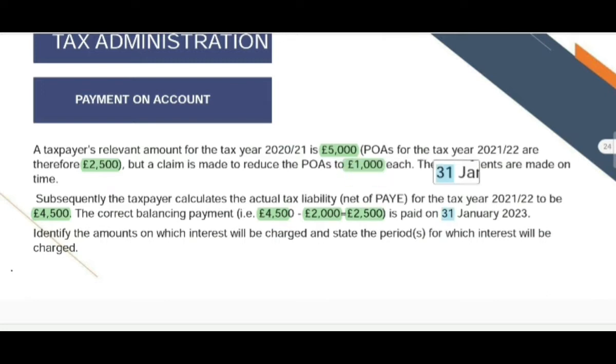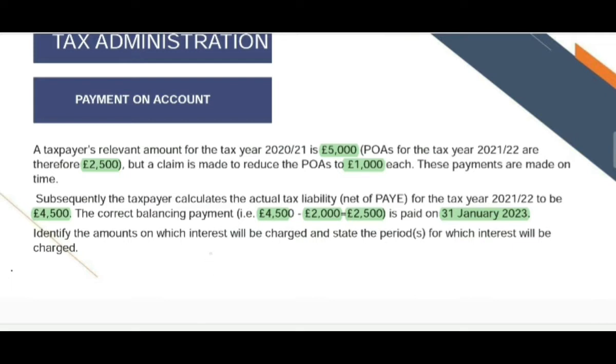And it is paid on 31st January 23. Now the question is, identify the amount on which interest will be charged and state the period for which interest will be charged. So first of all, we need to consider what is the amount that should have been paid.